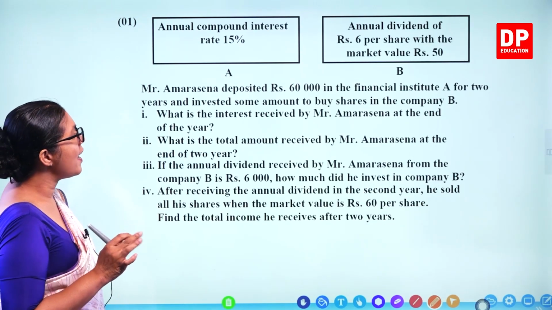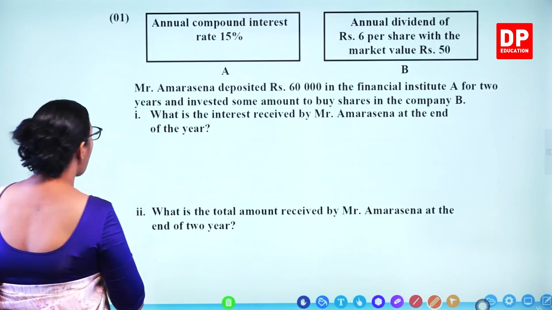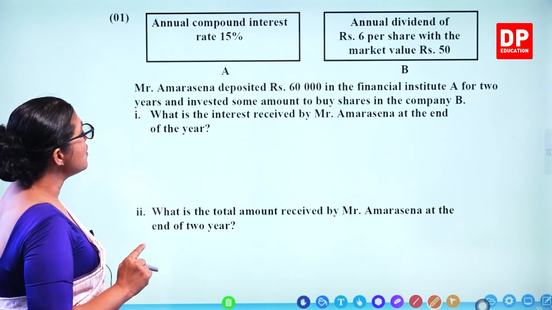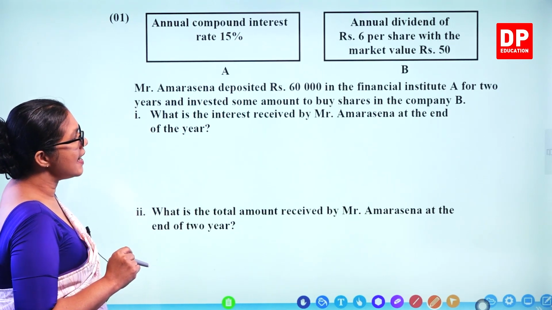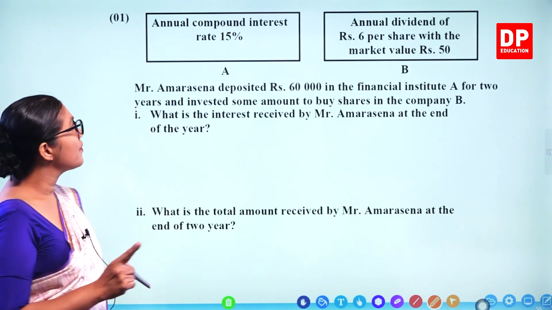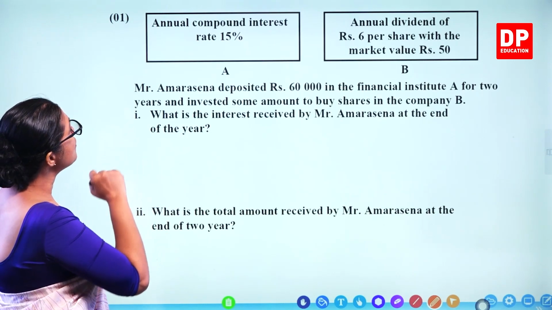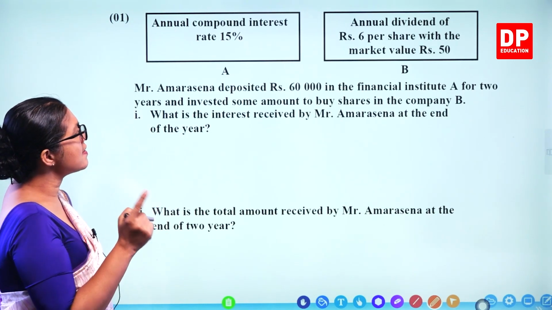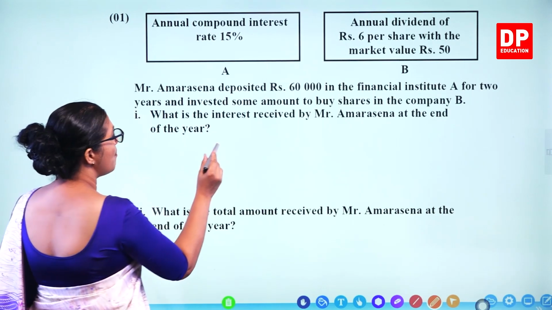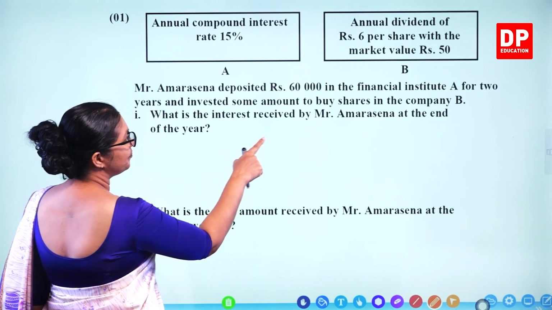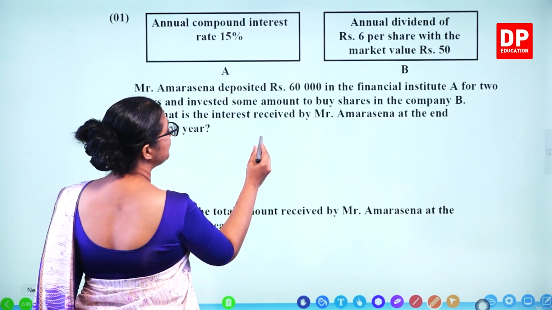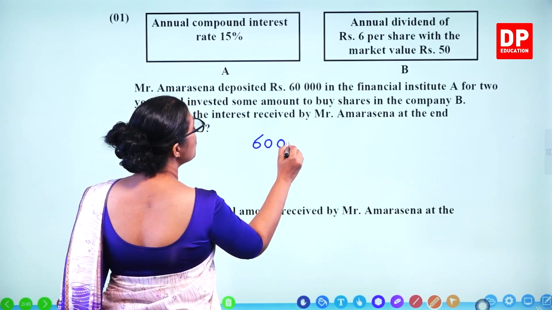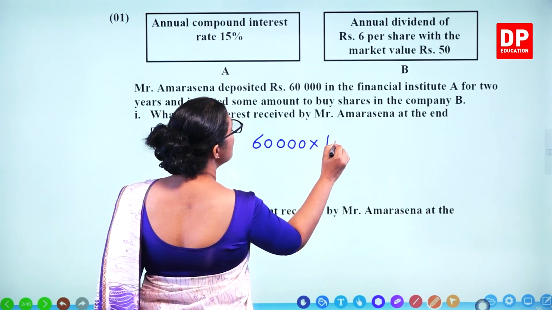We'll do them separately. First part, what is the interest received by Mr. Amarasena at the end of the year? So 15% interest rate. What's the amount? 60,000. So what is the amount received after 1 year? 60,000 into 15%.